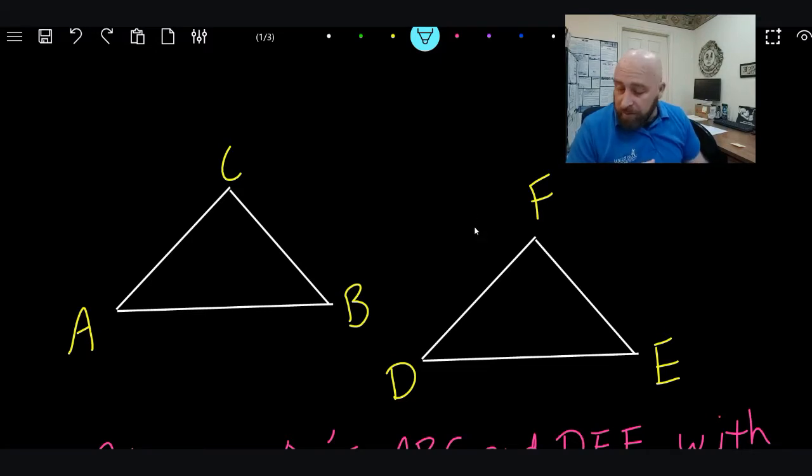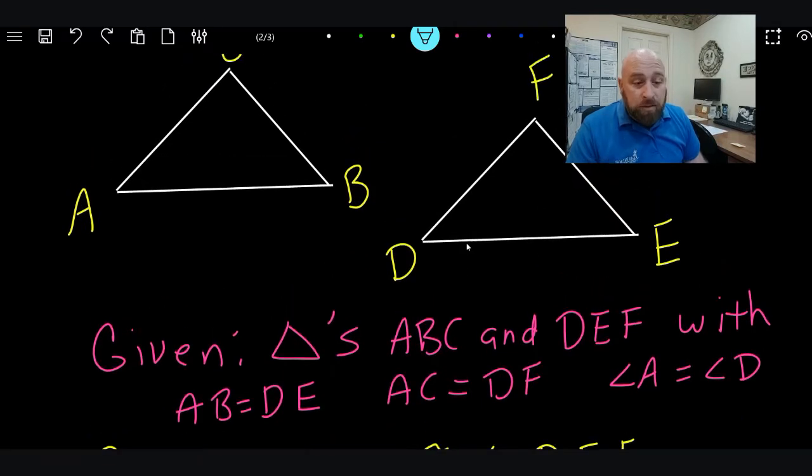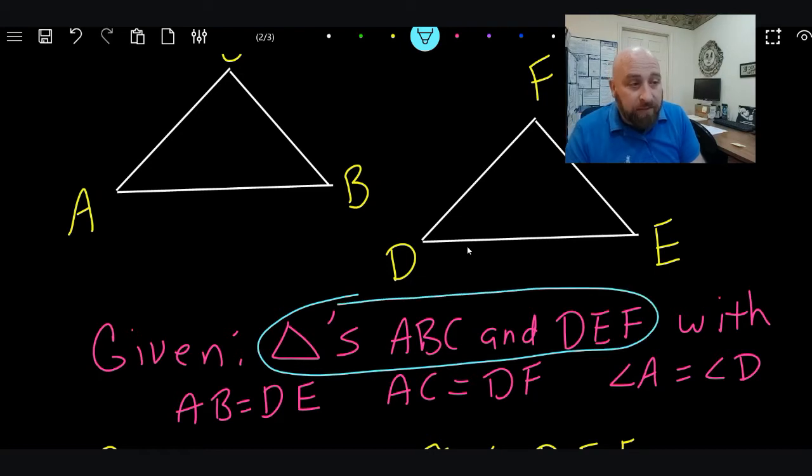If you look down there on page number 47, the book does that. The book gives you something. The book has what's called a given, okay? And in the given, it says triangles ABC and DEF. That's important because they have to tell us that those are triangles. You say, what do you mean they have to tell us? Remember, you can't trust your eyes. Maybe if you zoom in, there's an extra angle in there.